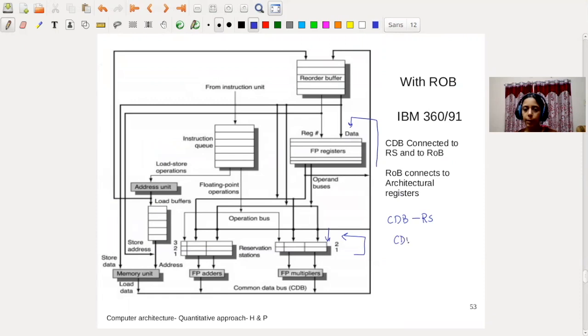But the connection from the CDB to the register file is not going to exist directly. So we're going to send the data from the CDB to the reorder buffer, which is then going to send it to the register file. So this is a small correction from what I just said. Okay, so we'll first see how the reorder buffer works, and then we're going to discuss the whole algorithm with the help of an example.